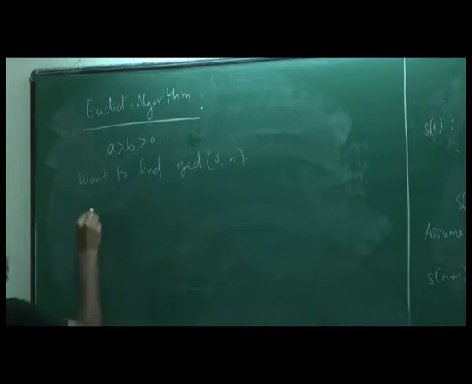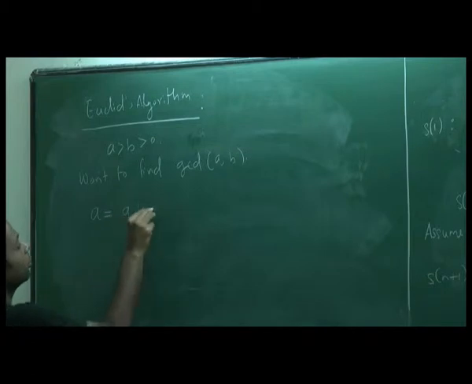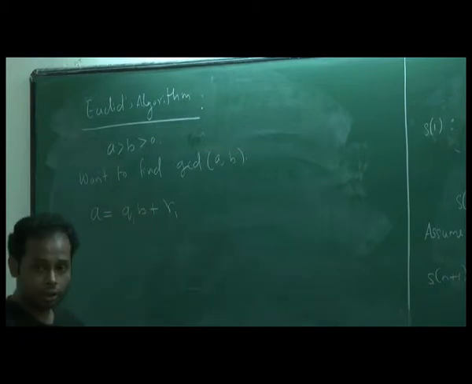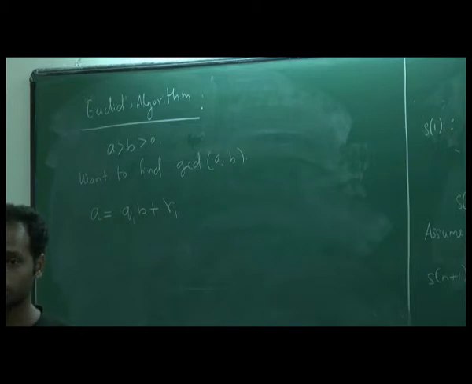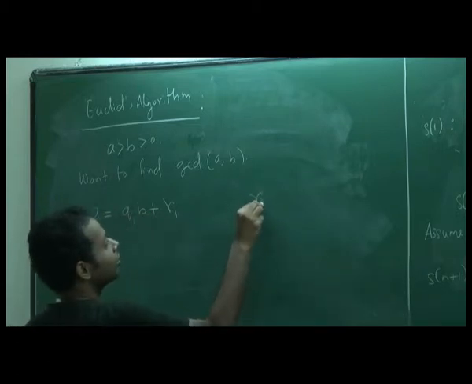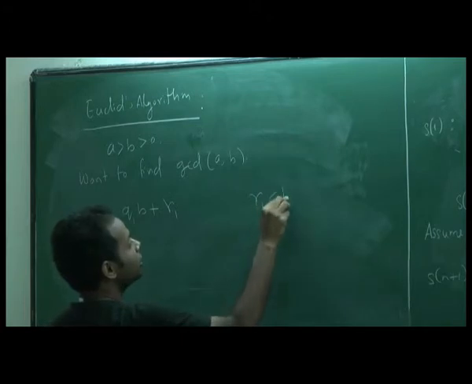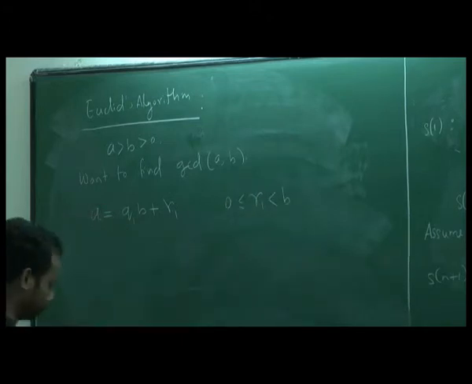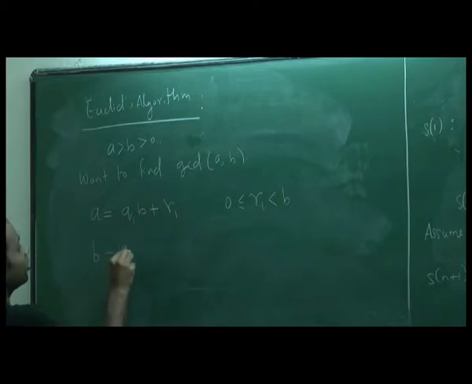So what we'll do, I'll first divide A by B and write it as A equal to Q1 B plus R1. What is the condition on R1? R1 should be less than B and greater than or equal to 0.